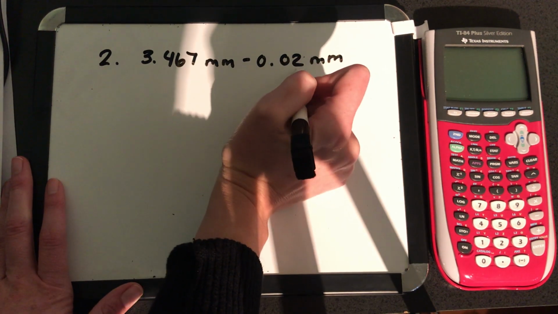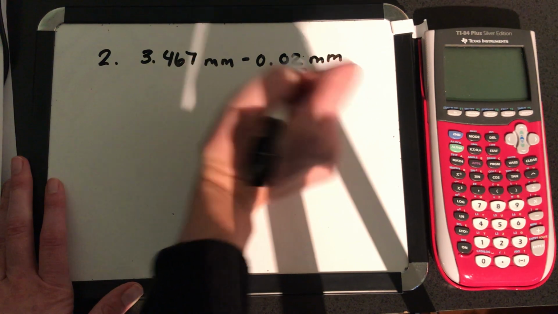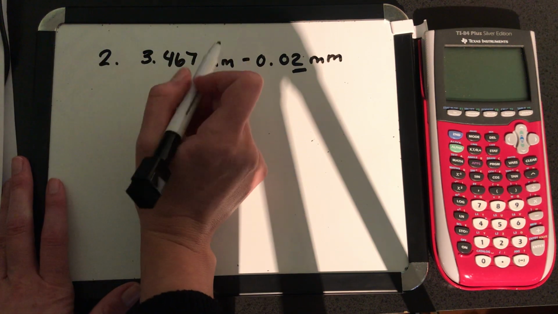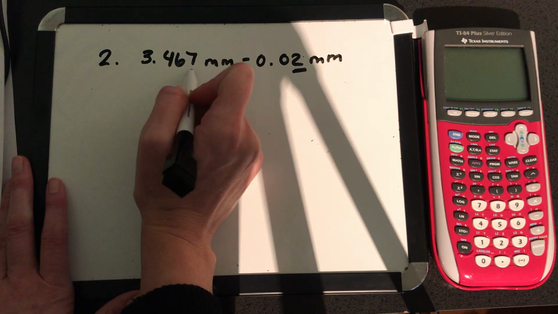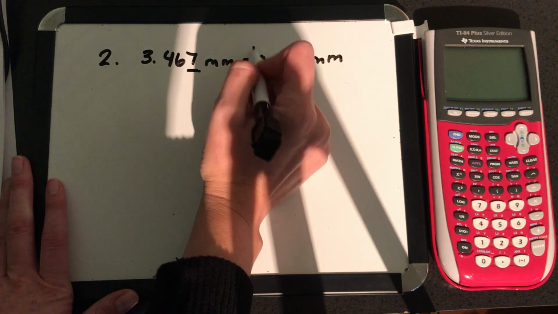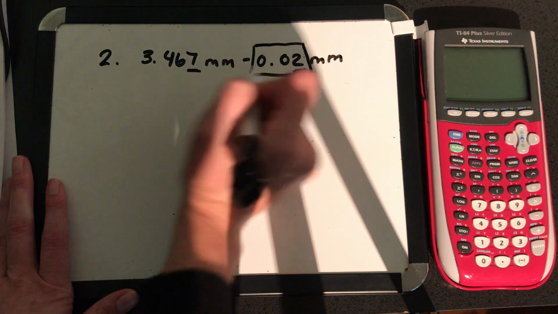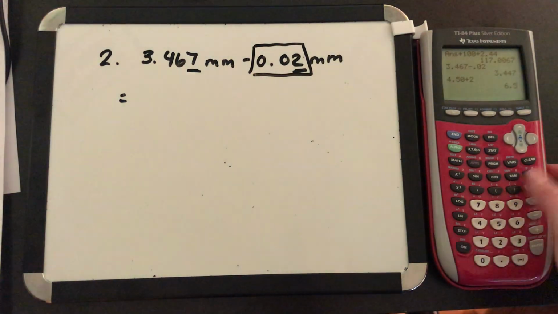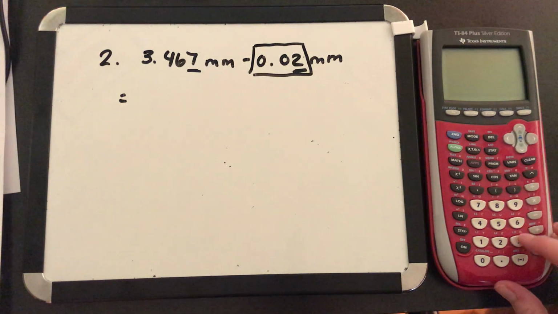So here in this number, it is the hundredths place. And then here in this one, it is the thousandths place. So this one here is going to give us the place that we're going to round our answer to. So I'm going to plug this into my calculator.